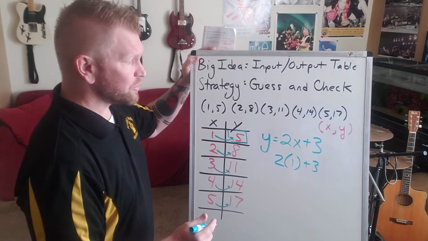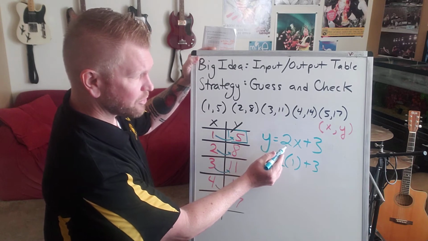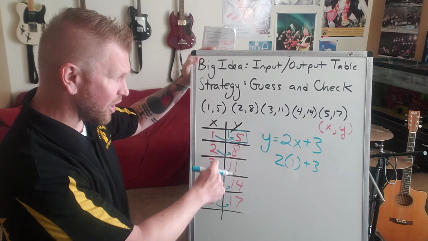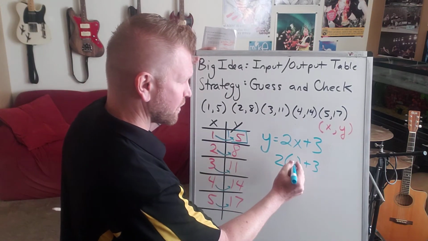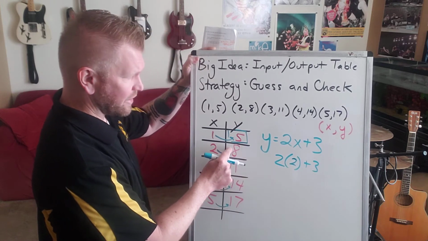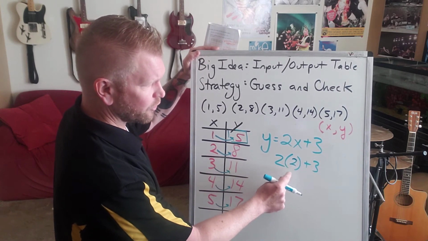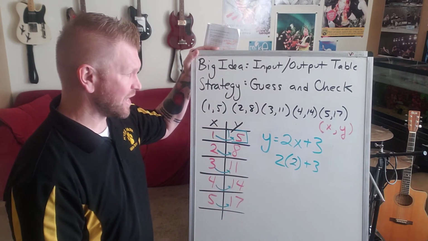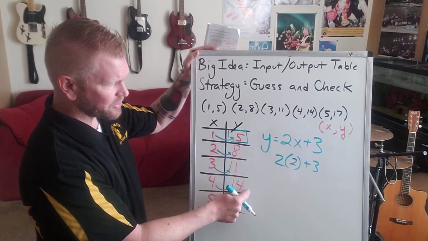Okay, so maybe that is the relationship. Maybe the relationship is to find the y, you do 2 times the x number and then add 3. But it's not good enough for it to work once. It's got to work for all of these values. So now let's try the 2. If this equals 8, that's a good sign. Let's see if it does equal 8. 2 times 2 is 4, plus 3 is not 8. That would only equal 7. So even though it worked once, it didn't work all the time.